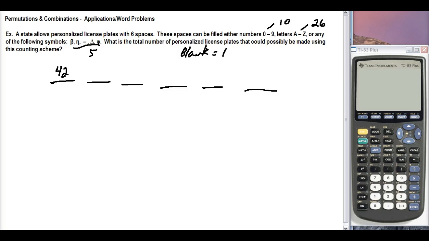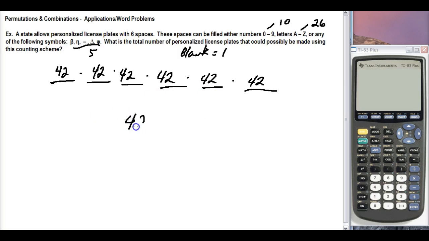Now, if you have a personalized license plate, you can repeat letters. So you could have 42 for the next choice, and then 42 for the next choice, and then 42 for the next choice, 42 for the next choice, and 42 for the next choice. And again, since this is a permutation, using the fundamental counting principle, we can just multiply all these together, okay?